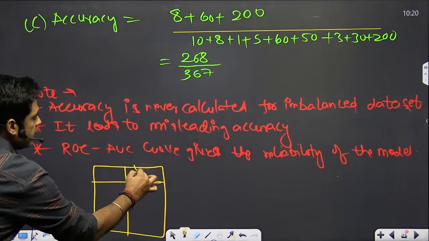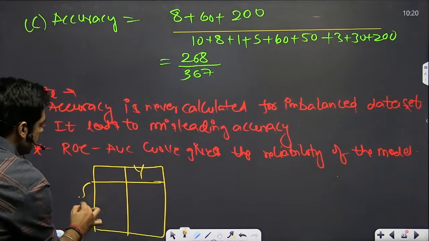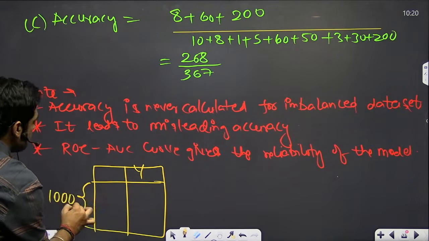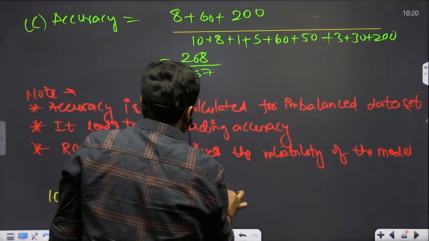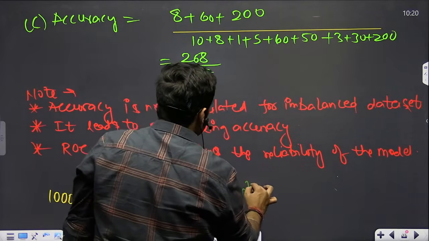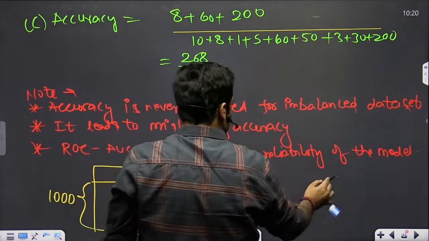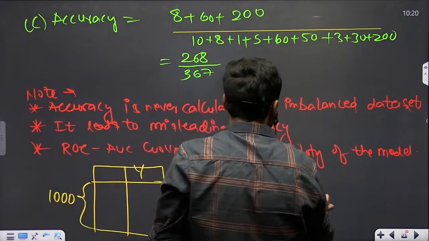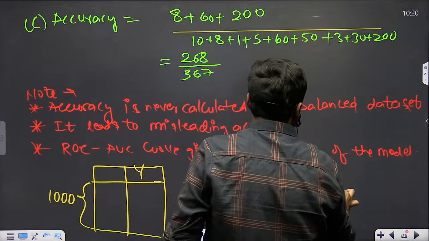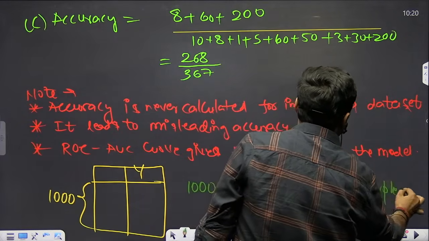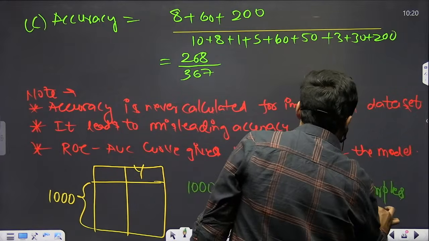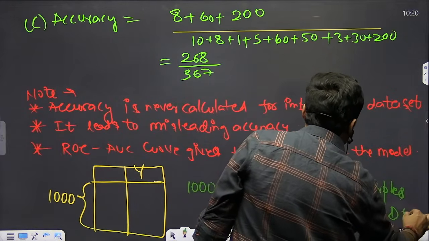In the target variable, a total of 1000 samples are there, and 999 samples are COVID positive.